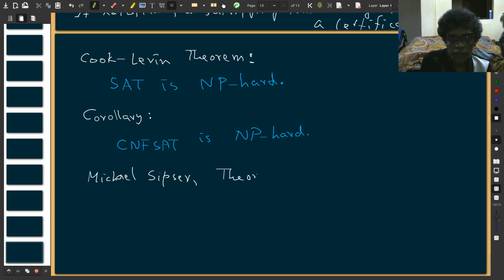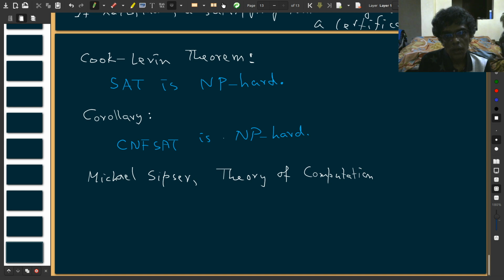I think the name is Theory of Computation. Or later, if I have time, I can give you a note which is based on a proof using non-deterministic polynomial time Turing machines.